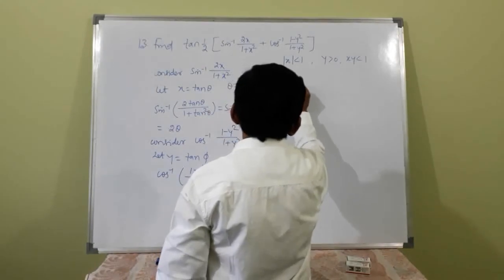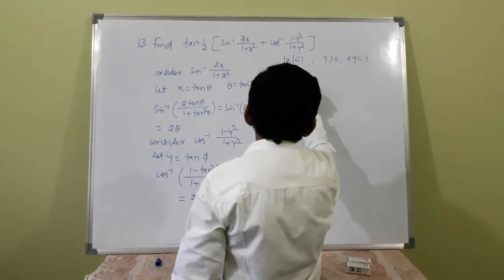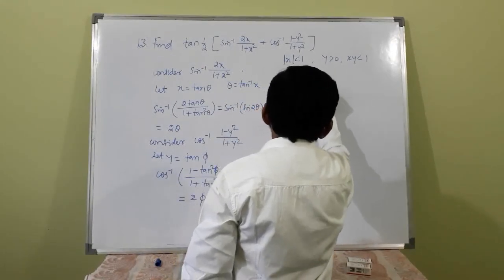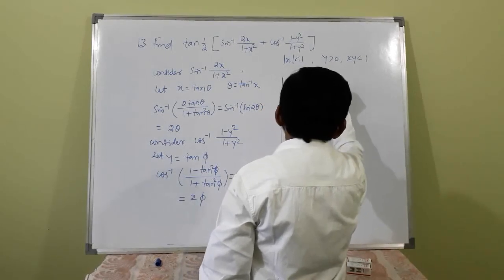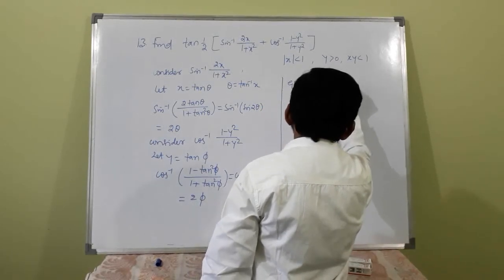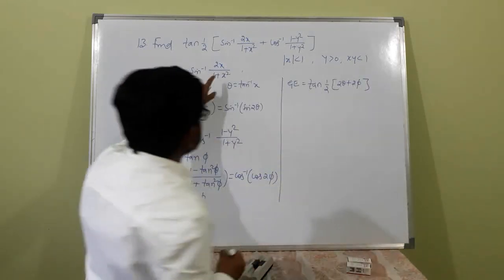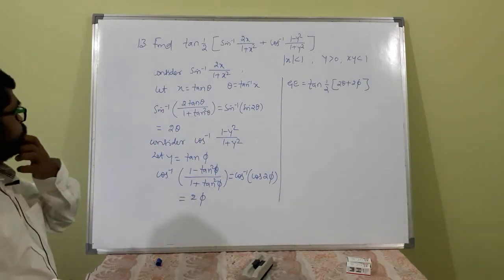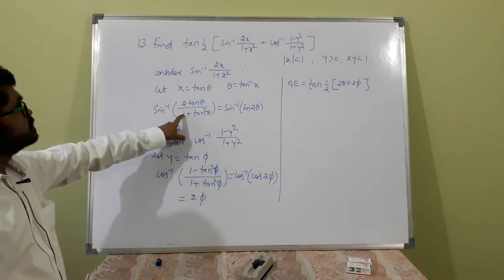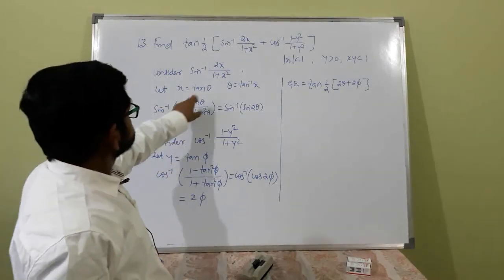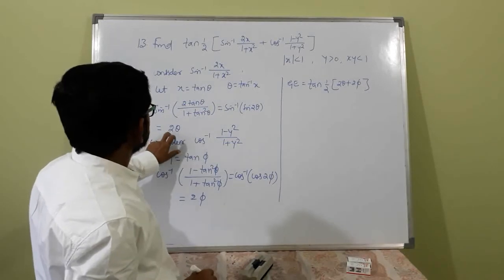Therefore we will continue here. Given expression is tan half of 2 theta plus 2 phi, isn't it? Sin inverse of this will be 2 theta.